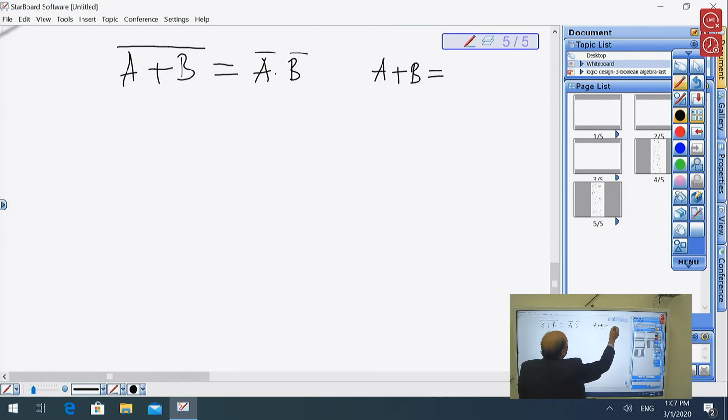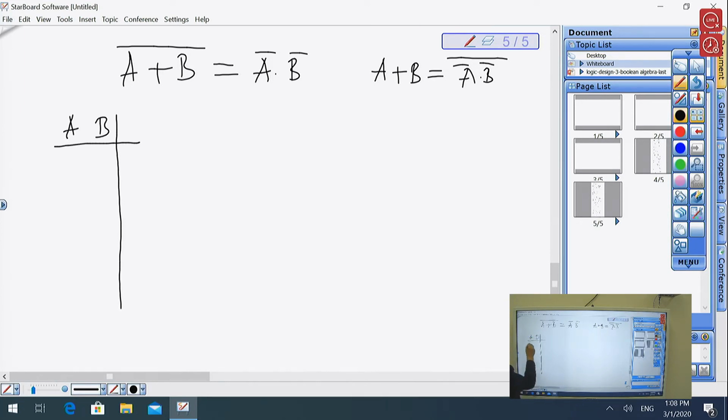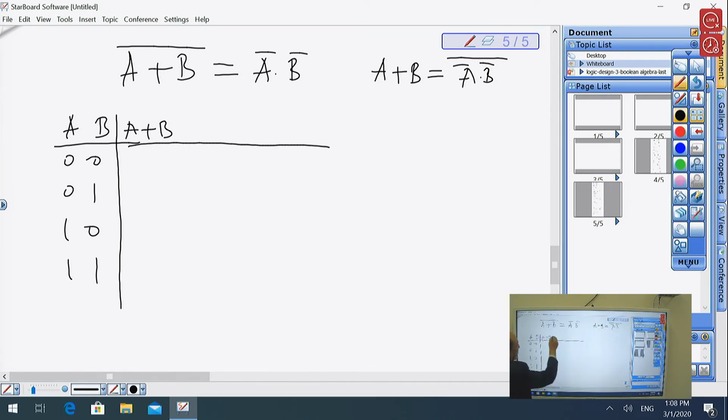They are the same: not A and not B, complemented. Again, by means of truth table, we list all the states 0, 0, 0, 1, 1, 0, 1, 1, A or B. Now the left side is equal to 0, 1, 1, 1, and we complement it.